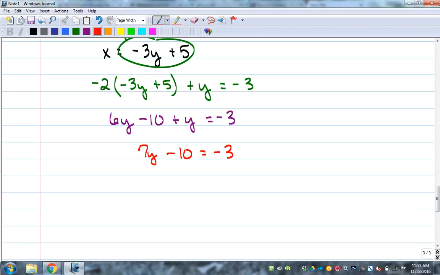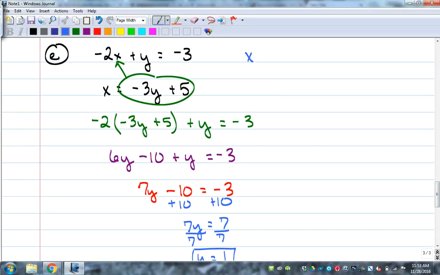Next move would be add 10. 7y is equal to 7. Divide by 7. y is equal to 1 this time. How do we get x? Plug it in for y in the x equation. x would equal negative 3 times 1 plus 5.